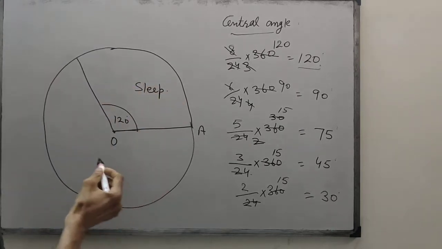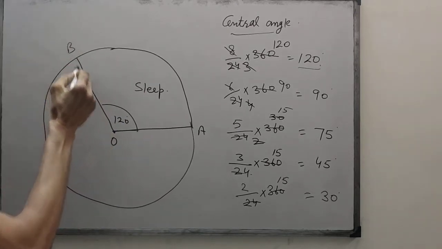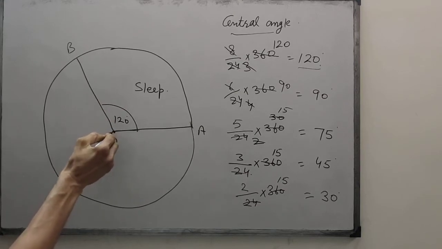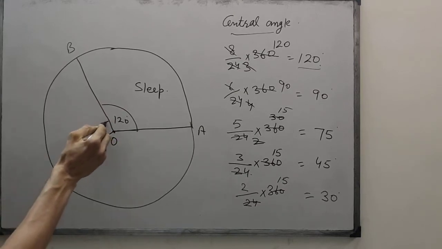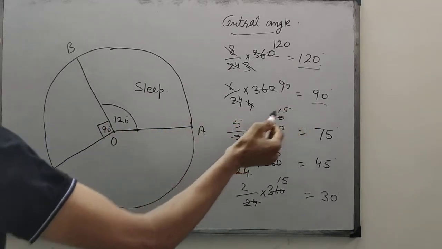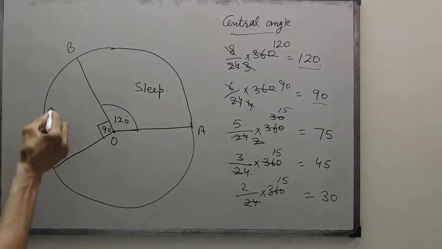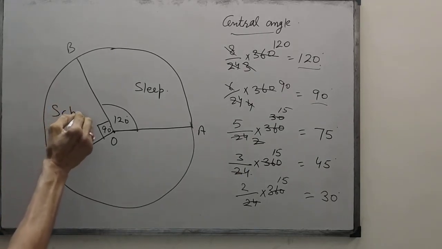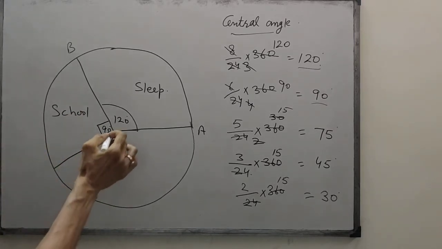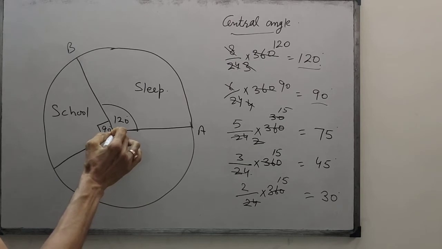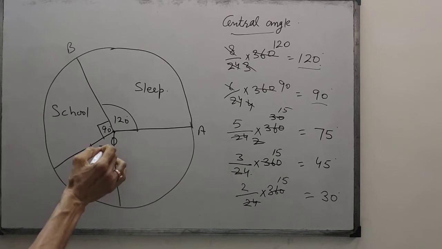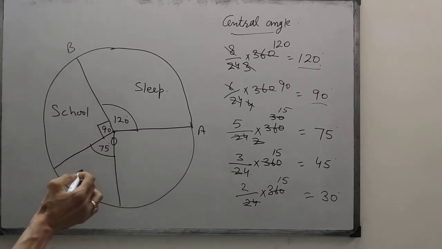Now at this side, at OB, put your protractor at this point and draw an angle of 90 degrees. Because the second angle is 90, and it is the time spent in school. Next is 75 degrees at this point, drawn using the protractor.